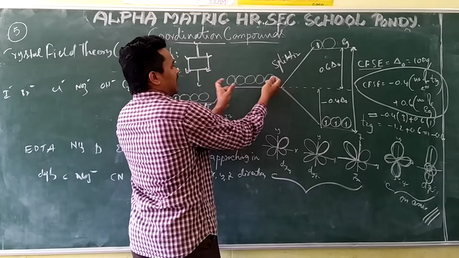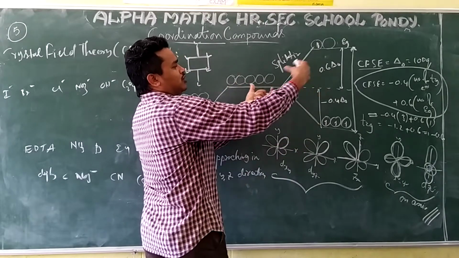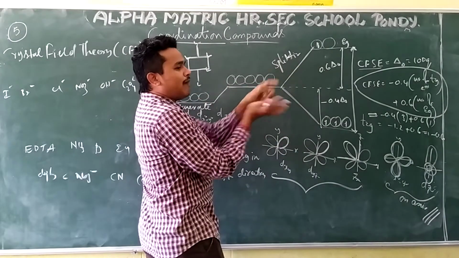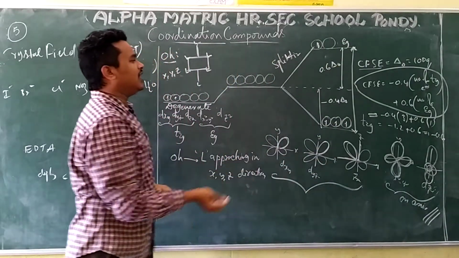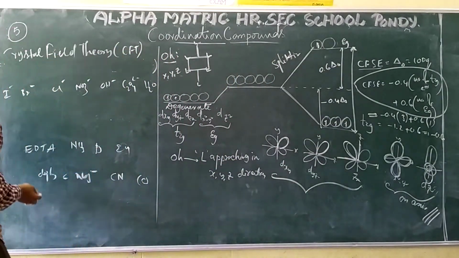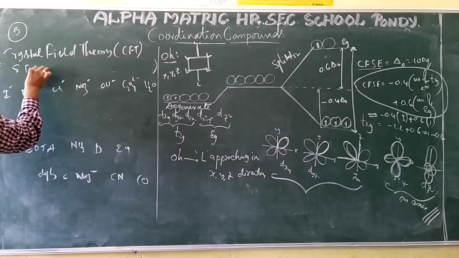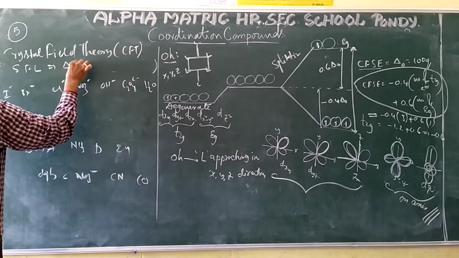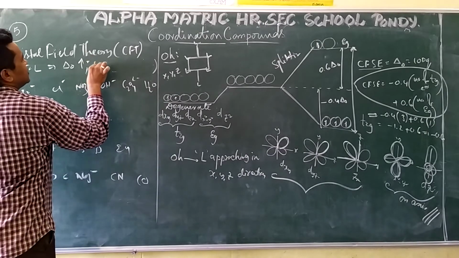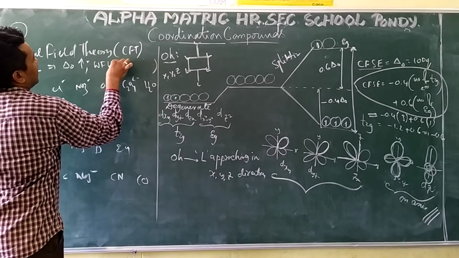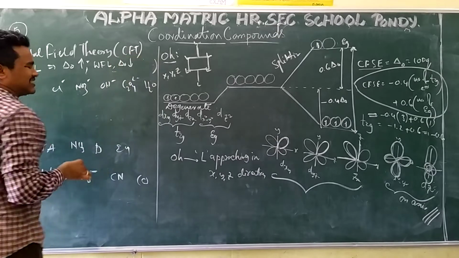Whenever ligands are approaching towards the metal electron, there is a repulsion, the splitting. The splitting will decide. If it is a strong field ligand, CFSE will be more, delta naught will be more. If it is a weak field ligand, delta naught will be less.